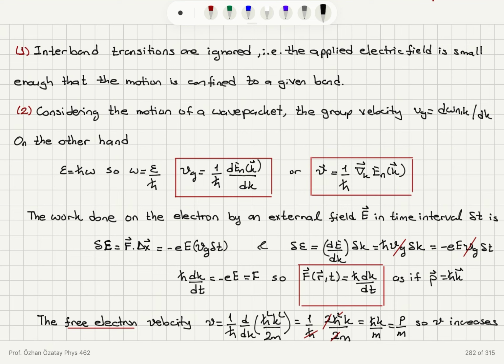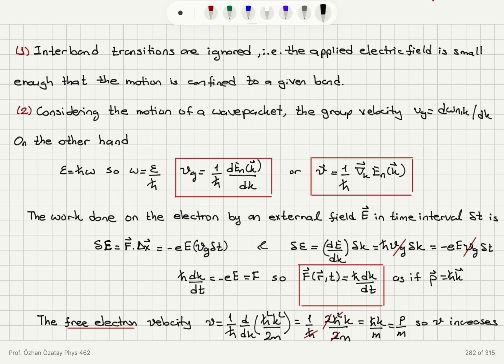So there is the band index n, and also it's a function of k because we have a dispersion relationship. Now the energy of the electron will be given by reduced Planck's constant h bar times omega. So omega is epsilon divided by h bar, it's energy divided by h bar, and therefore the group velocity, which is d omega dk, is 1 over h bar.